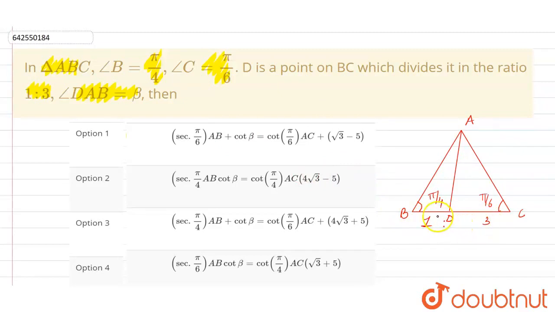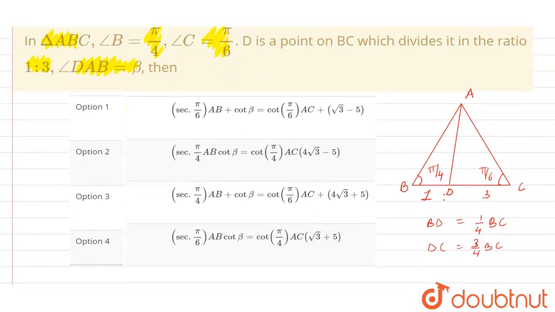Right? So we can say that the whole part for BC is 4, and this is the one part out of 4, and this is the 3 parts out of 4 parts. So the length of BD is 1/4 of BC, and the length of CD or DC is 3/4 of BC.